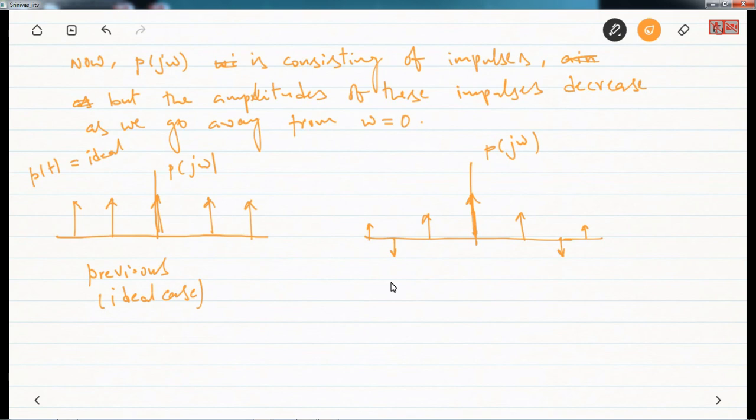So this is now meaning practical case, or flat top sampling.